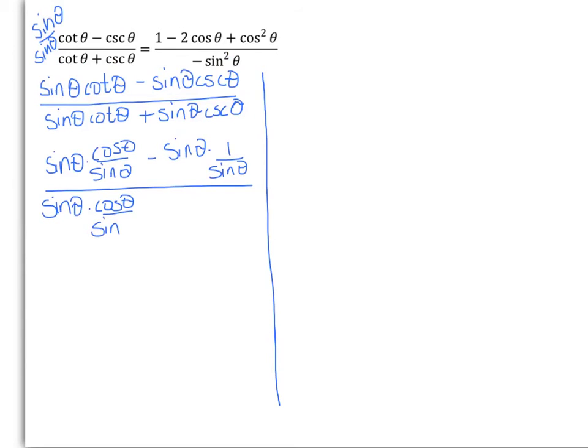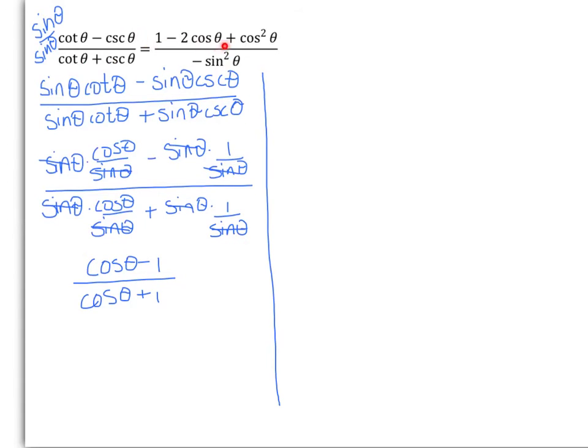So with this, I can cancel out these sines, and here, and here, and here. And I am left with cosine of theta minus 1 over cosine of theta plus 1. This is as simplified as this gets, so now I start working on the other side of the equal sign.